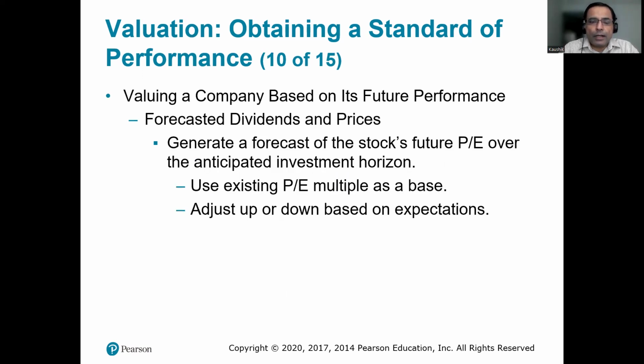So now we look at how to forecast the dividend and prices. One way to do it is to look at the P/E ratio of the company and adjust it for the future based on different factors.